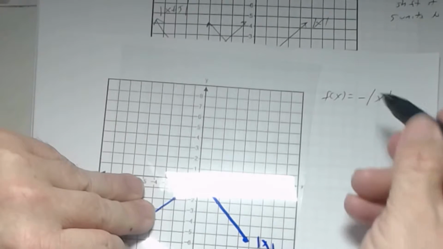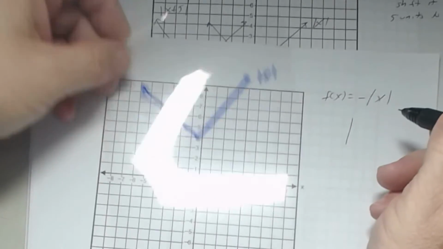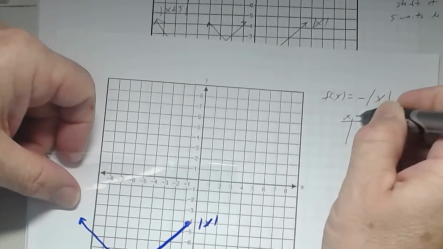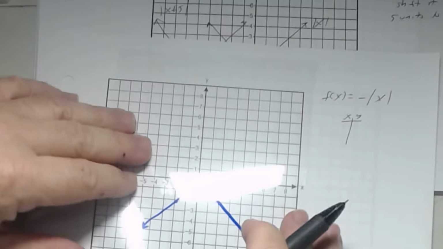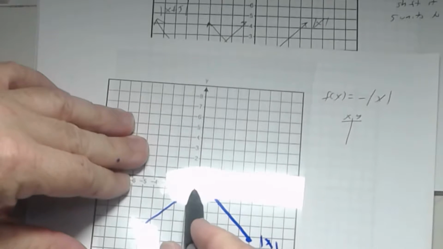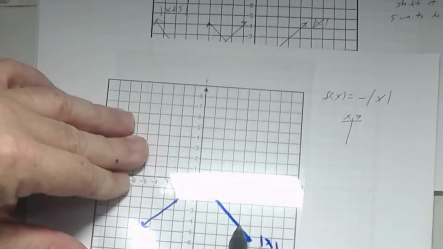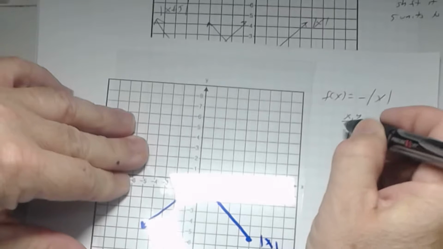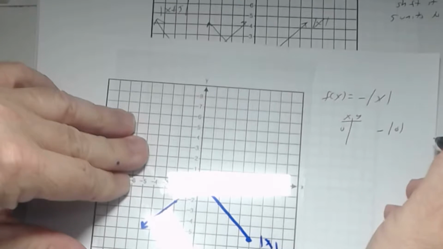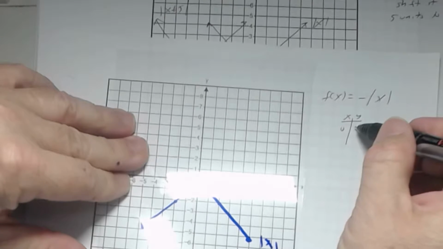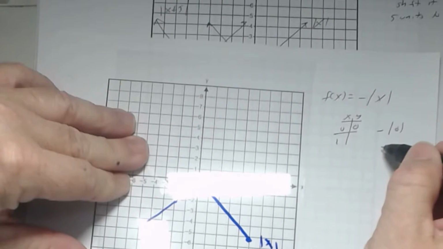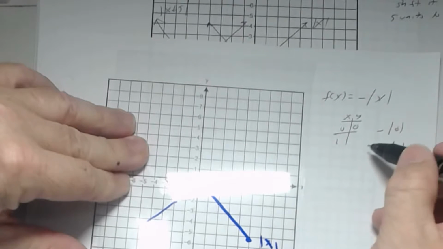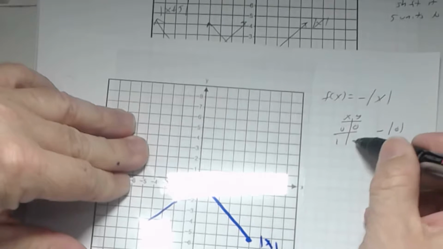Okay, and it kind of makes sense because if we did talk about this in terms of a T-table, which I don't want you to, I want you to use the idea of transformations. Here's why. When it reflects down, all these y values are what kind of numbers? They're all negative, except for this one, which is 0. So when x is 0, what's negative absolute value of 0? 0. If x is 1, what's negative absolute value of 1? Negative 1.